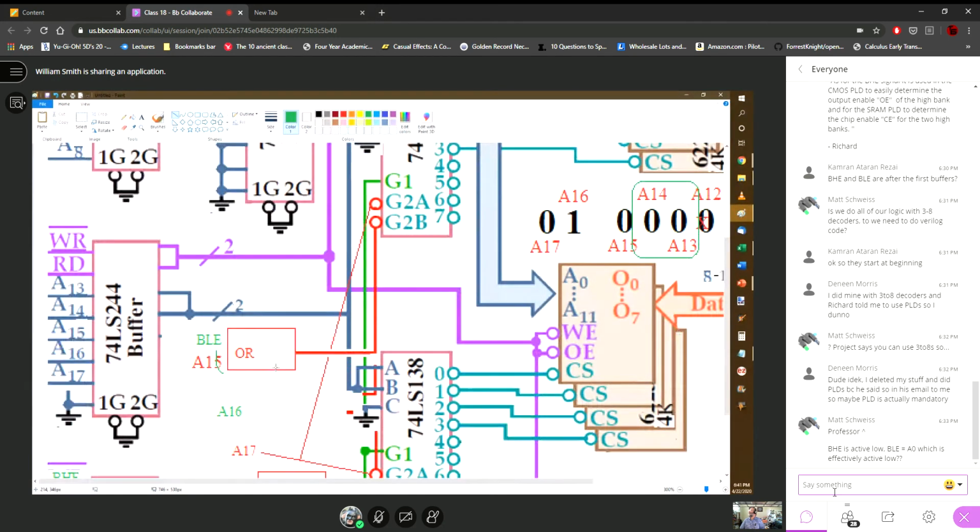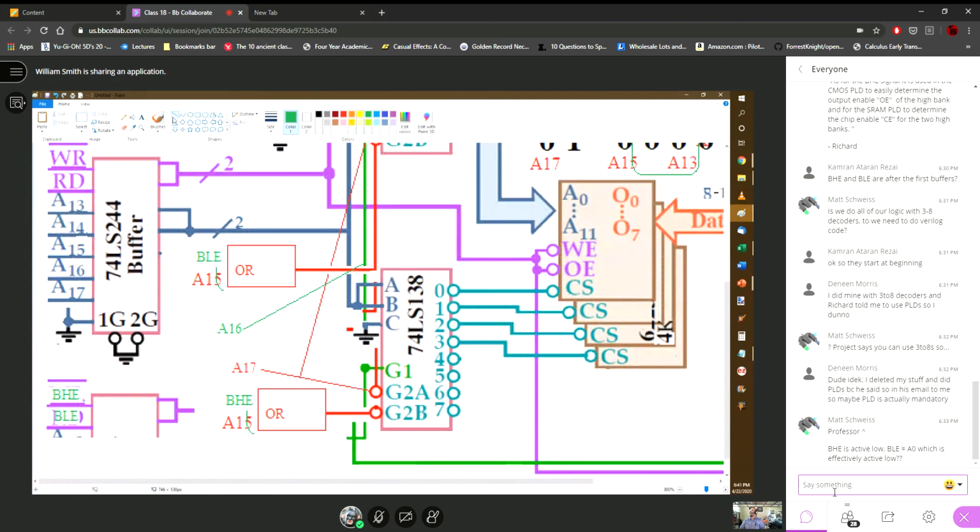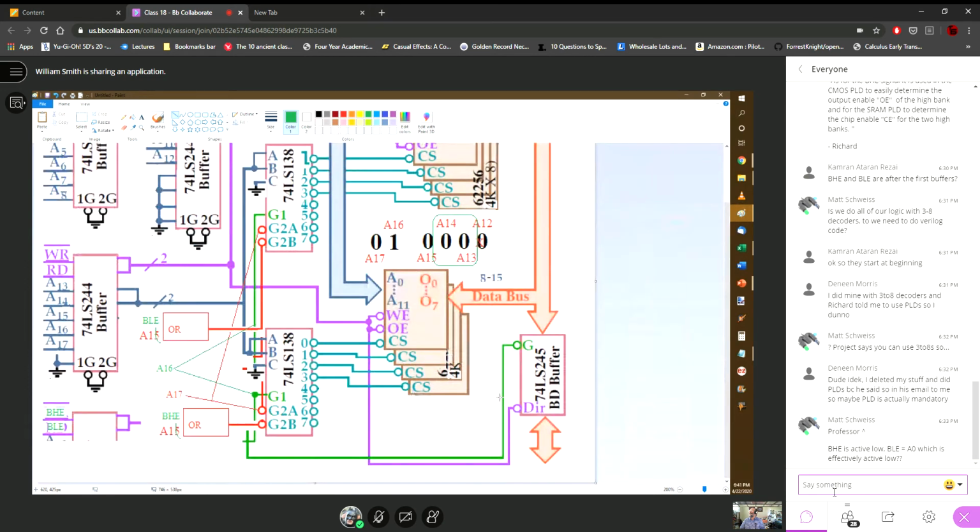So A16 now wants to go to this. Let's do it down here. A good spot. And A16 also wants to go to this here. Okay, I think that's what I want for the whole schlemiel.